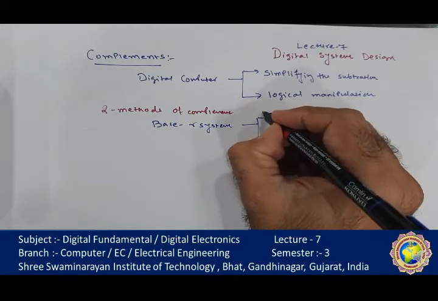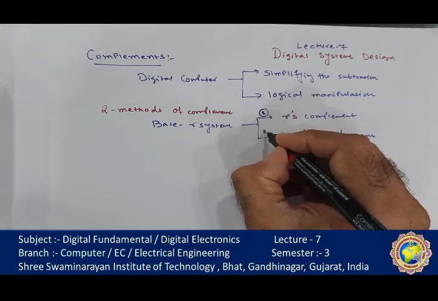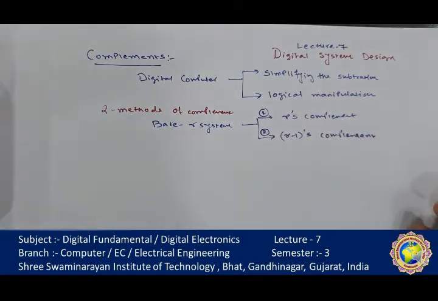Method number 1 and method number 2. These two types of complements are very popular and used in digital computer systems for the subtraction method as well as for logical manipulation.